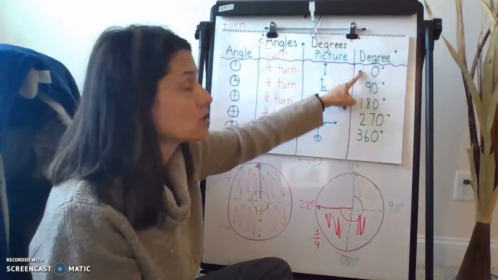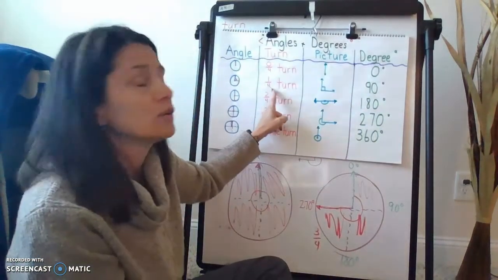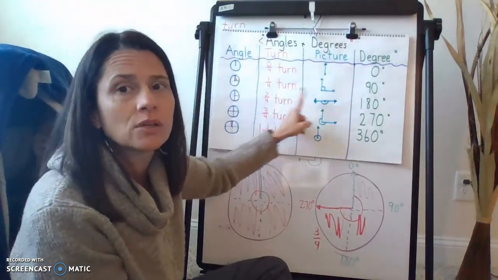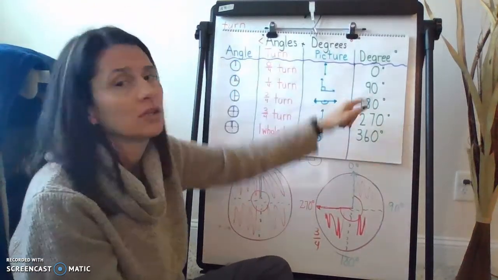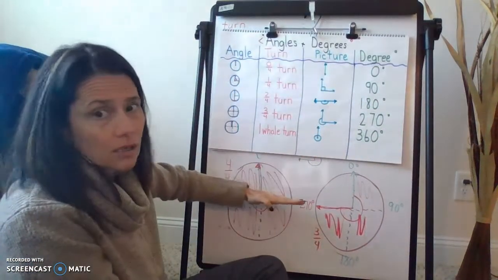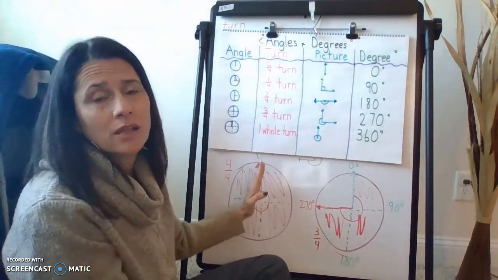You need to know these are your benchmark degrees. You need to know which one they match with, and you need to know when I say turns, what that means. So this is 1/4 of a turn. That one turn is 90, 180, 270, and then 360.